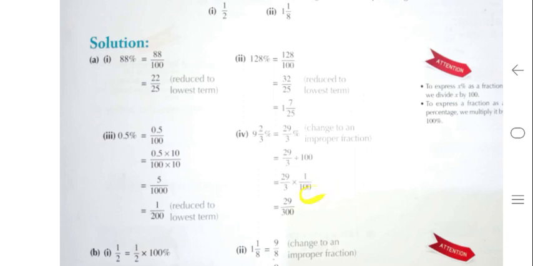Write like this: 29 over 3 times 1 over 100. 29 over 300. The easiest way is you just add 2 zeros to the denominator.